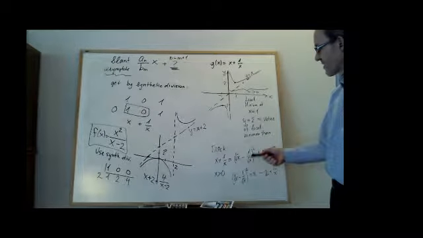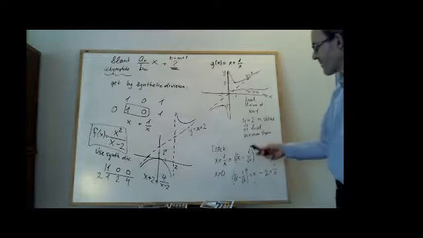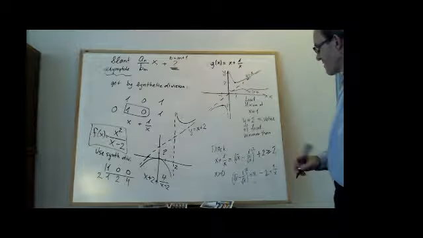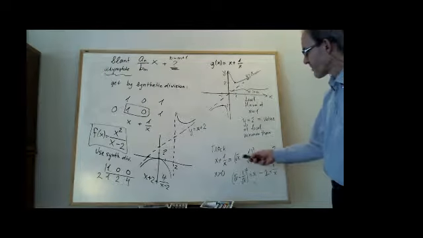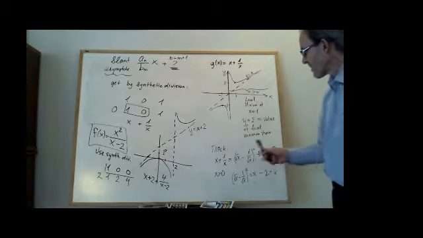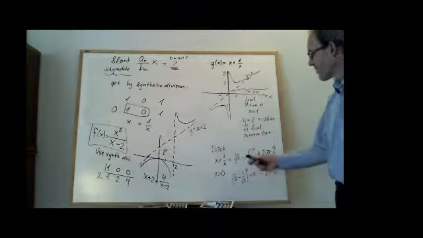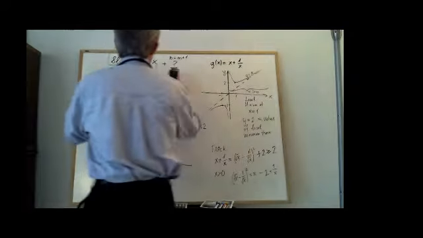If it's never equal to 0, then I really should say it's strictly greater than 2. But I'm allowing the equality because there is one value of x for which this whole thing is 0. That's the only way I could get equality here. So equality when this is equal to this. When does that happen?